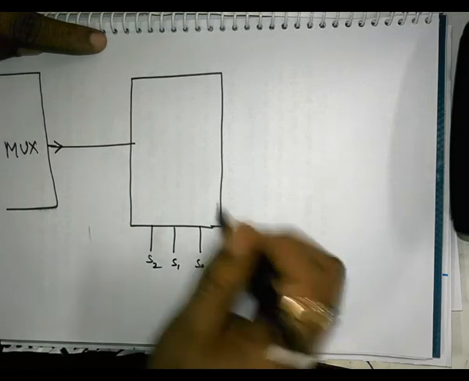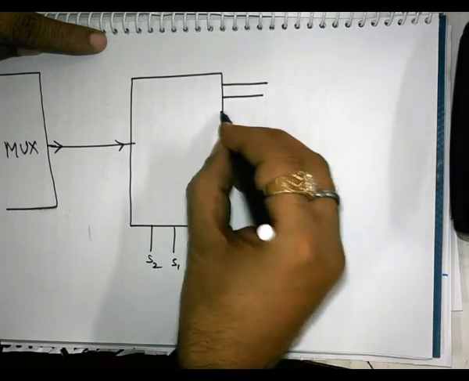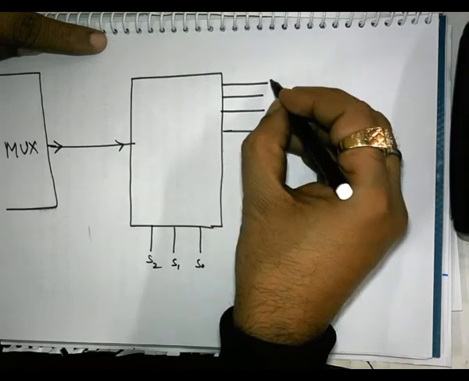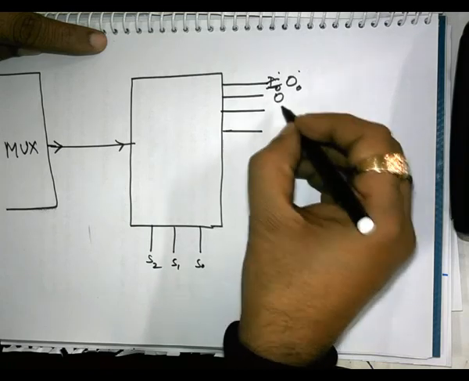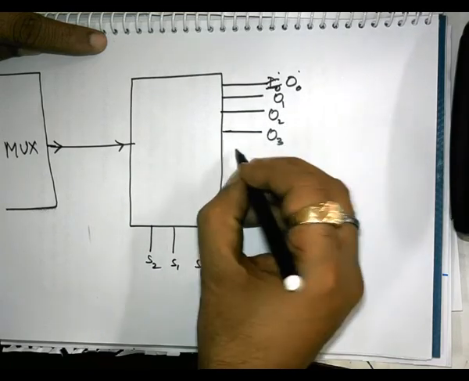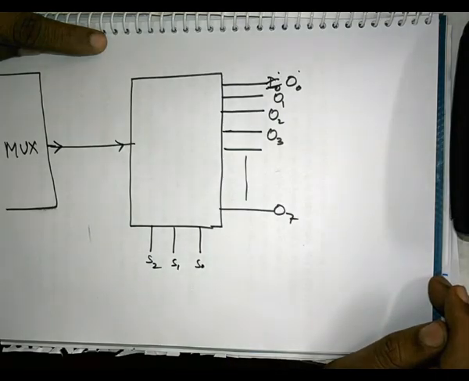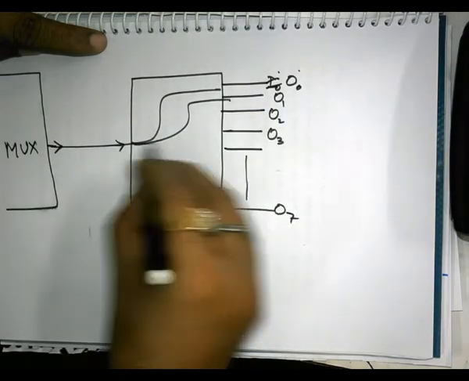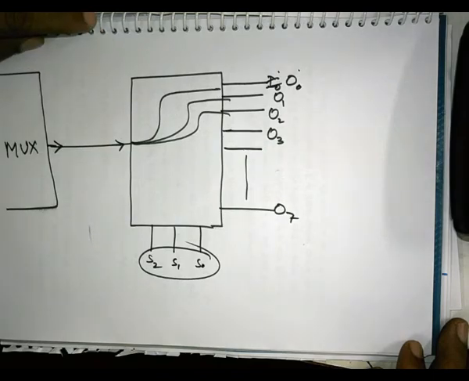The output of the mux forms the input of the demux, and the incoming input can be routed to the selected output. Suppose O0, O1, O2, O3 and up to O7 are the outputs where this input can be routed depending on the value appearing at the select input. So this circuitry is called a demultiplexer.